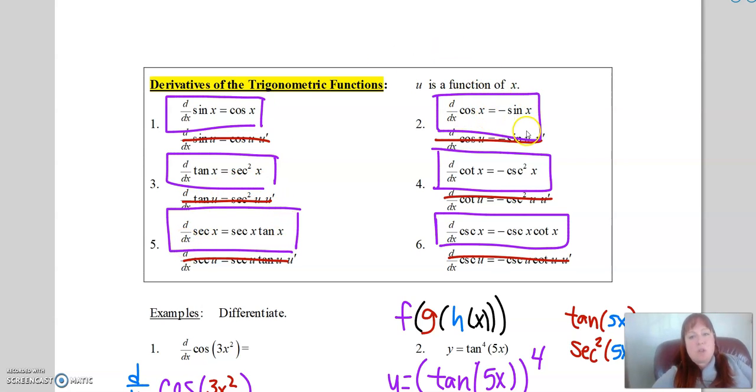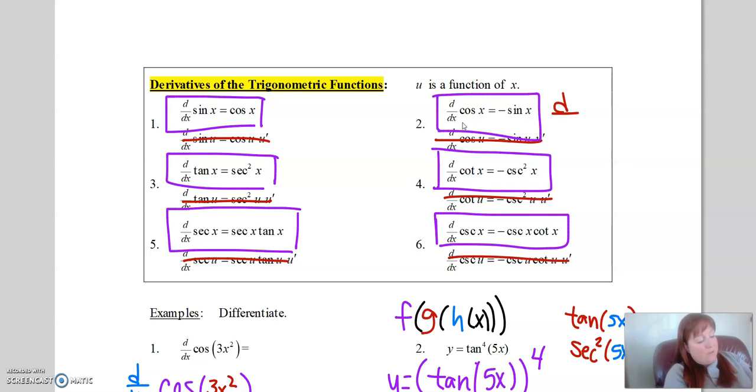These ones are a little trickier because a lot of times you won't see negative sine, you'll just see sine, okay? So if I saw the integral of just sine, what would it be? Well, it would be negative cosine, right? Because let's think about this.